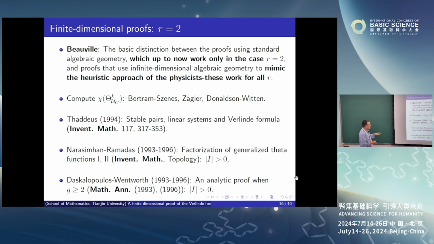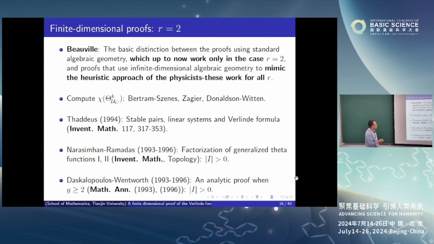Basically, we can say there are two kinds of proof. One is that you use this equality to relate the space of global sections to this space from physics, then compute the dimension of the so-called conformal blocks. This is one way.